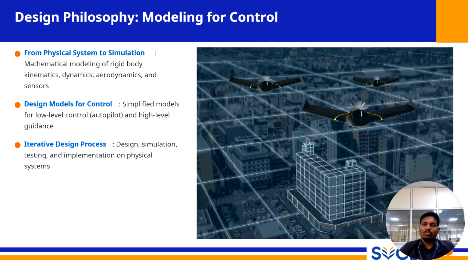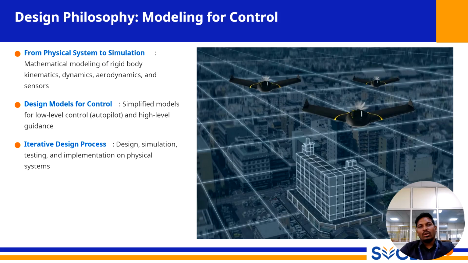Our process begins by translating the physical system into a simulation. To do this, we need to create a detailed mathematical model that captures every important aspect of drone behavior.